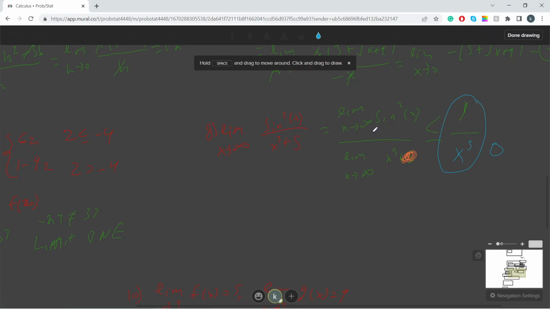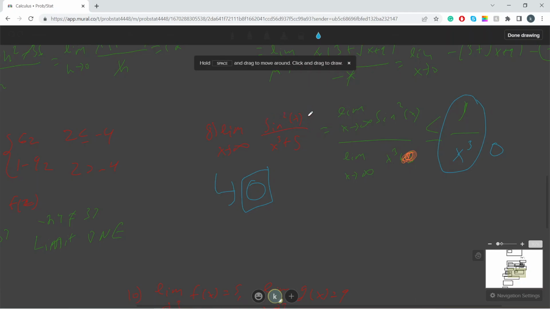Because of that, the limit as x approaches infinity of sine squared x over x cubed plus 5 is 0. So 0 is what it really approaches. We can use this argument to convince ourselves, or we can just go off of first intuition. Sine squared x is at most 1, and the denominator is growing so big.